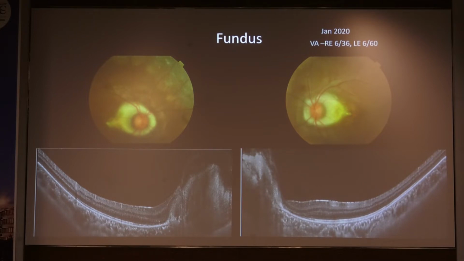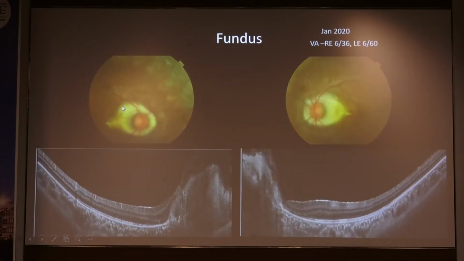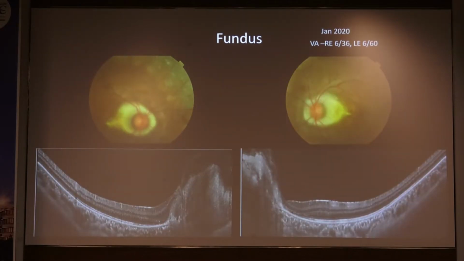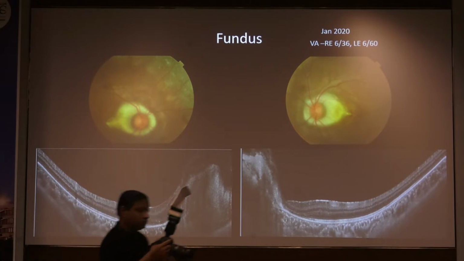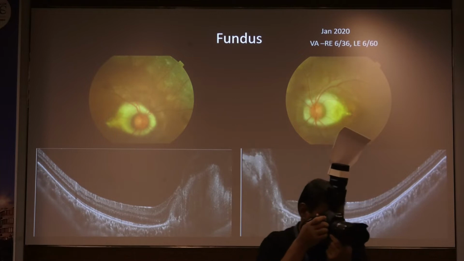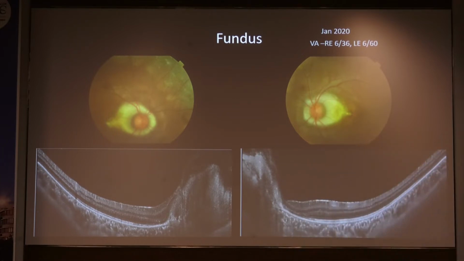But compared to August 2019, the lesion in the right eye was crawling or migrating towards the macula. Even at this visit, the child did not get evaluated and had no treatment. I could not start anything because I didn't know what to do. I did not give any steroid or antibiotic. AC was quiet, vitreous was quiet, only migration of the lesion.